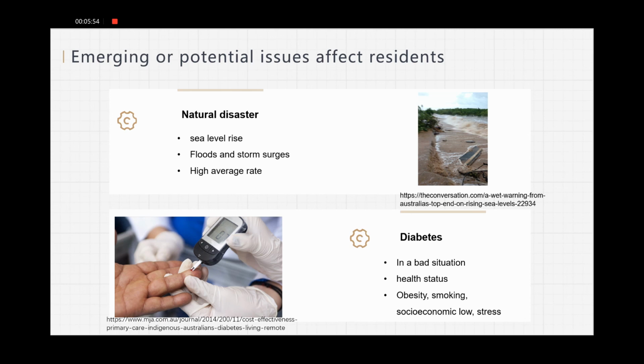Compared with non-Indigenous Australians, Aboriginals are still a disadvantaged group and their health status is poor. Similarly, the Milingimbi community is also facing the problem of diabetes.